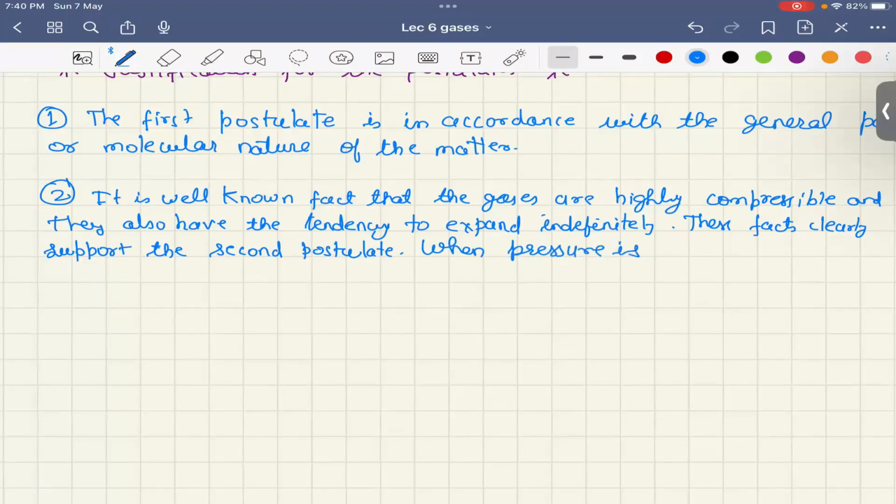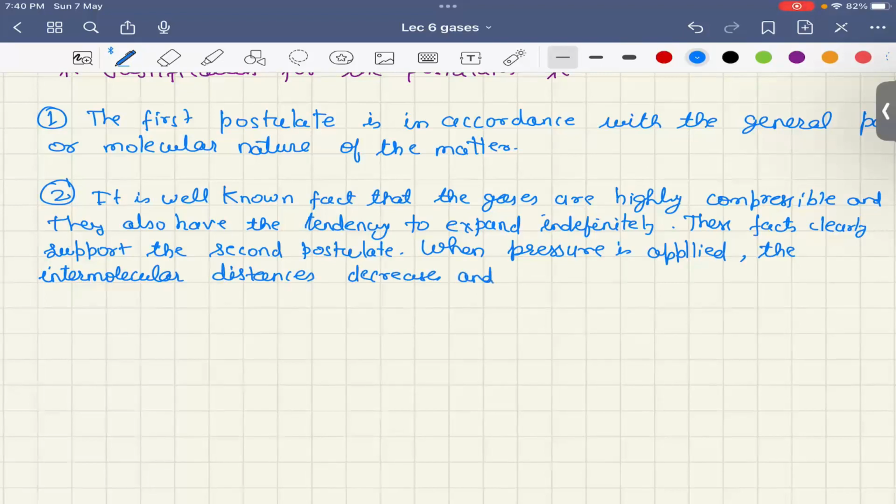When pressure is applied, the intermolecular distances decrease, and as a result, the volume of the gas decreases, right?